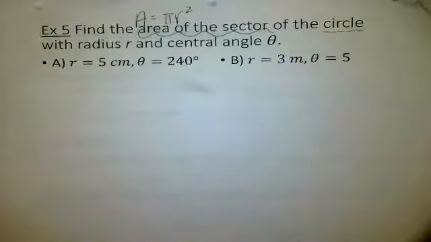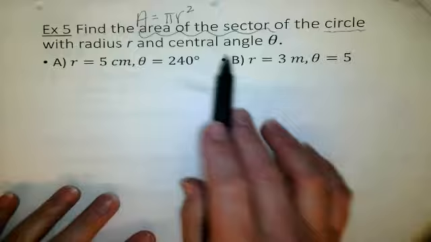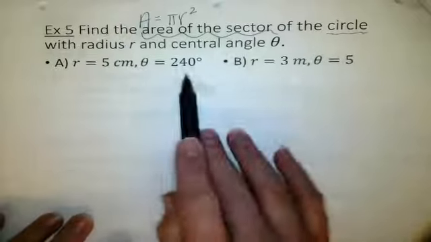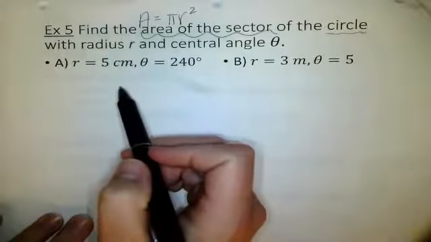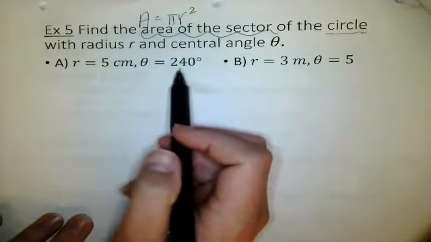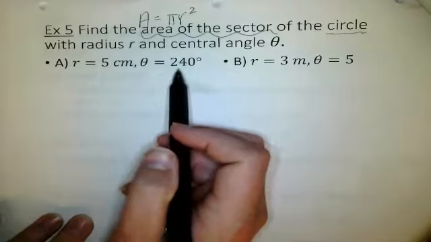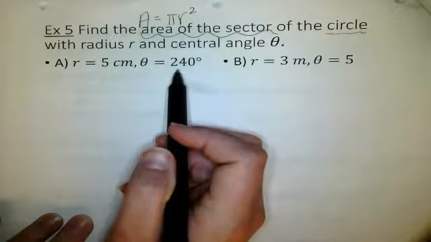We want the area of a sector, or a section of the circle, as opposed to the whole thing. We just want a portion or a fraction of that area. Again, they're giving us a radius r and a central angle theta. So here our radius is 5 centimeters and theta is 240 degrees.